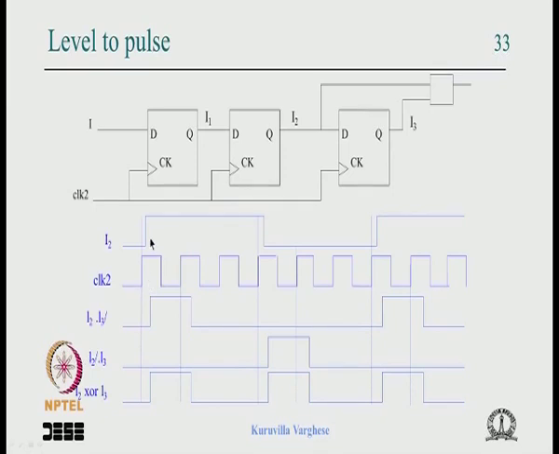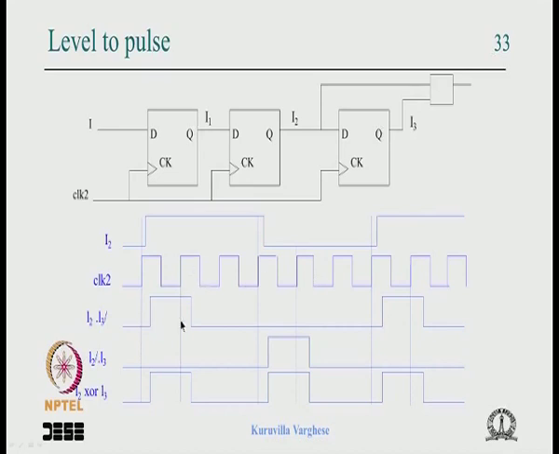So you see I2 is high here, but only the next clock edge the I3 will become high. So at this point, for one clock period, there is a condition that I2 is high and I3 is low, because only this clock edge can make the I3 go high, because it is at the output.